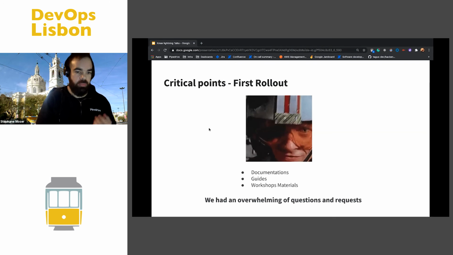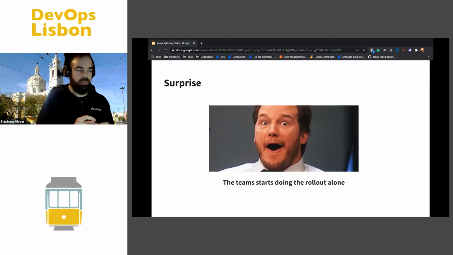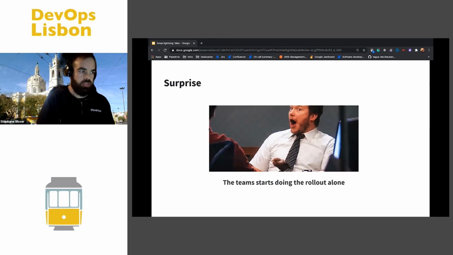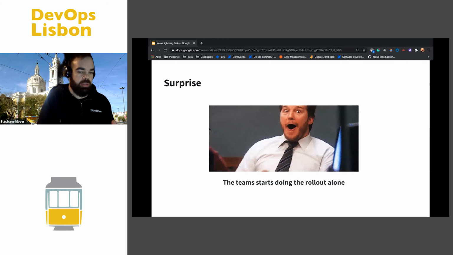And then we got a nice surprise. After the second or third migration, we started hearing that people were already migrating. And we thought, what do you mean they are already migrating?